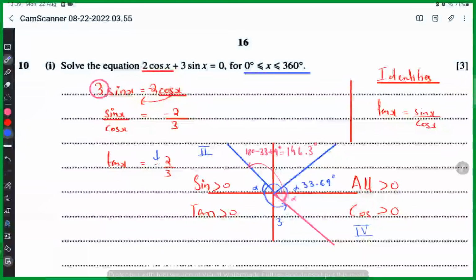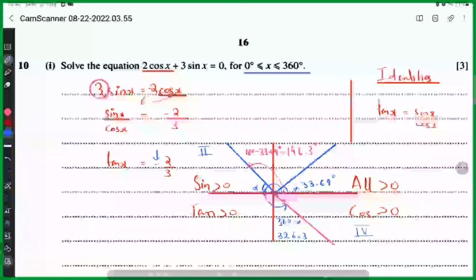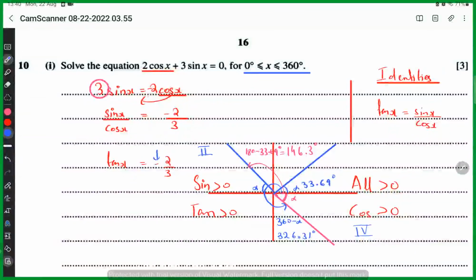So I will do 360 minus alpha. Please do this calculation quickly and tell me the other theta we are getting. 326.31. Very good. Well done. Okay. So this is 326.31 degrees. Okay. Acha. Now I have two things that I want to talk about at this point. X is finally 146.3 degrees.